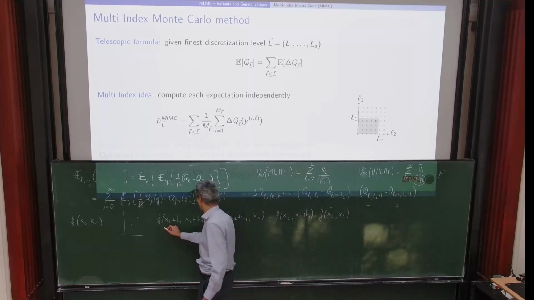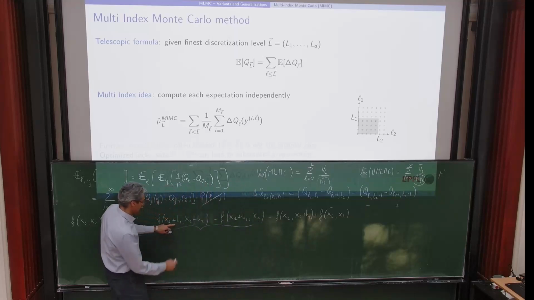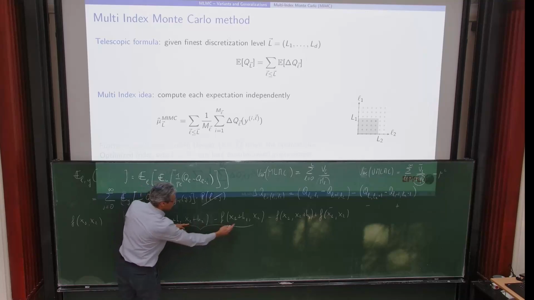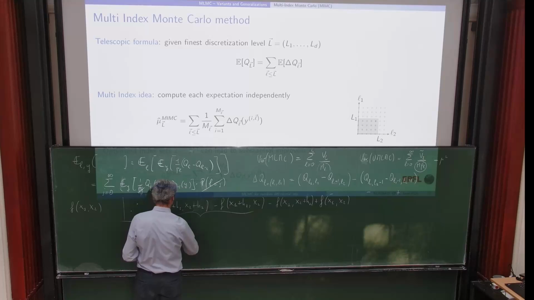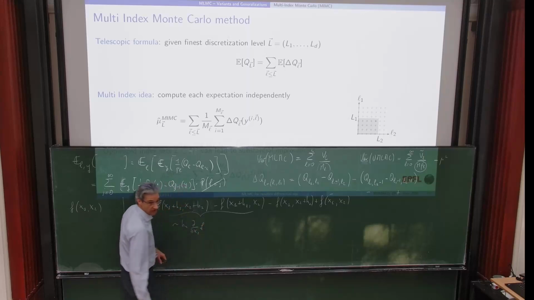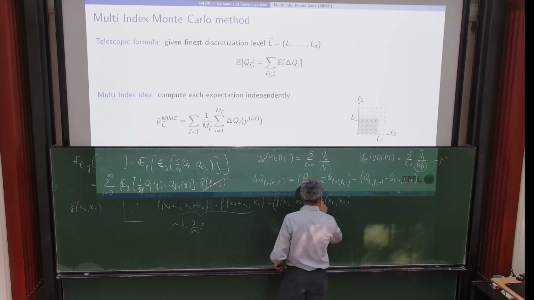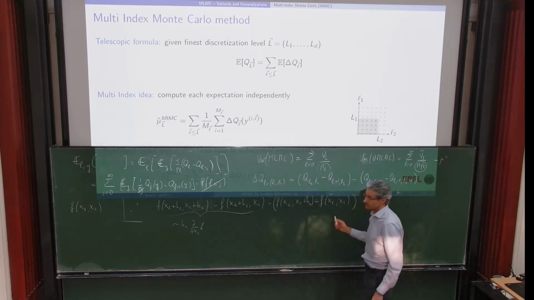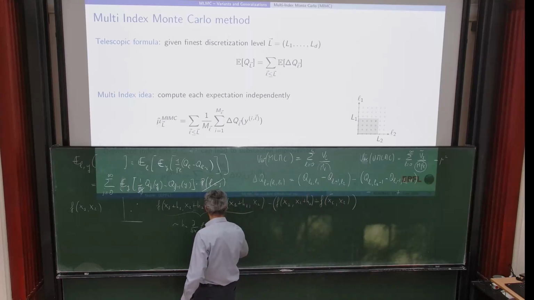So this difference here is a difference in the h2 parameter. So this should be proportional to h2 times some derivative in the x2 variable of the function f. This one, if I group this term, is also a difference, but this is evaluated at x1 plus h1, x2.